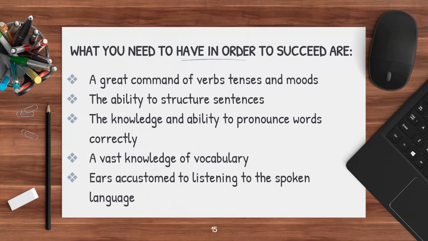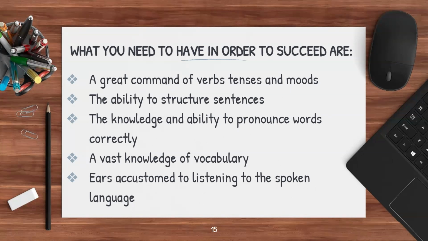This is also going to be equally as important as knowing how to use tenses and moods. Number three, the knowledge and ability to pronounce words correctly. Very, very important, especially when you're doing your oral exam.